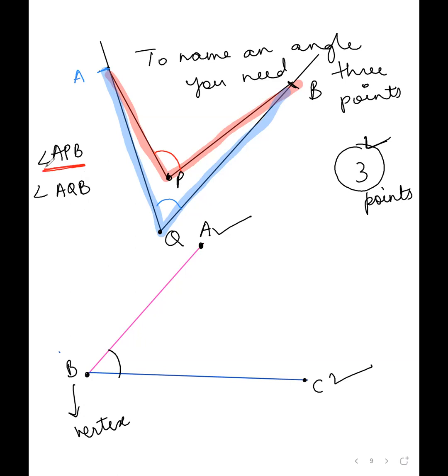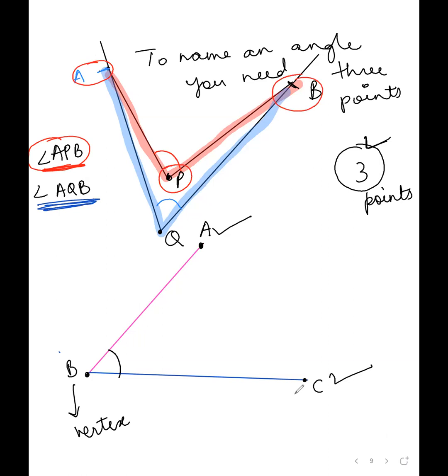If the letter is not given to you, you can name it whatever you want. Now the point is here, Hiba. How did you name it APB? You started from A. The starting point is A. The vertex is P. The ending point is B.